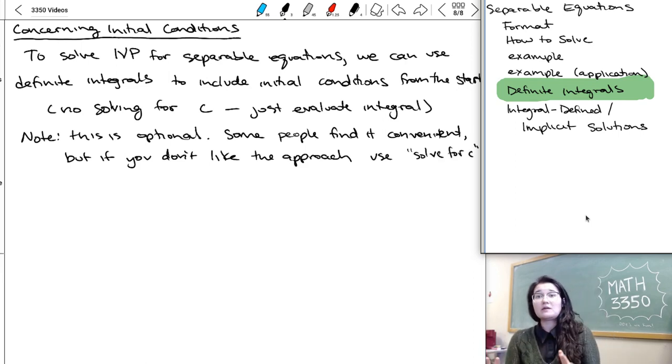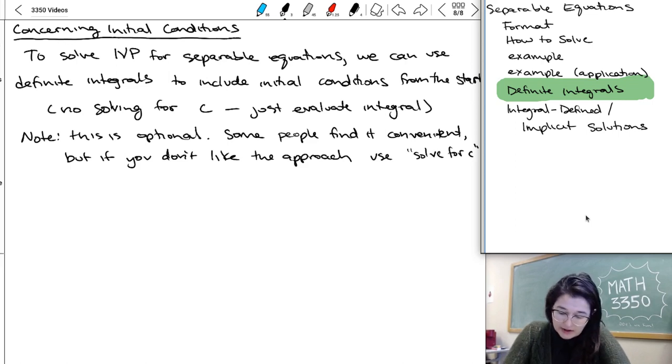So if you see me work through these definite integrals and you say, oh, having all the variables there is really just too much for me, go ahead and use the solve for C approach. It ends in the same place. It's just good to know if you end up liking this.